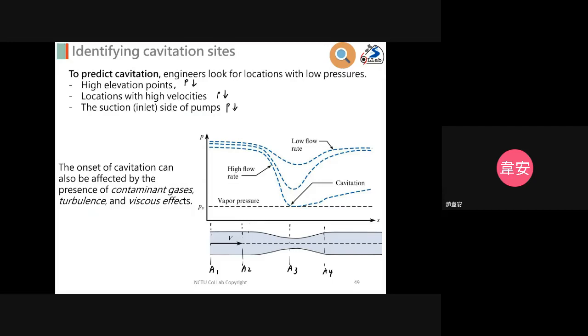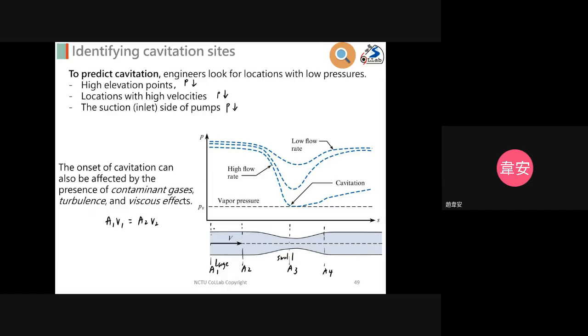Different cross sections have different areas, this is large and this is small. Based on the continuity equation, A1 V1 is equal to A2 V2.